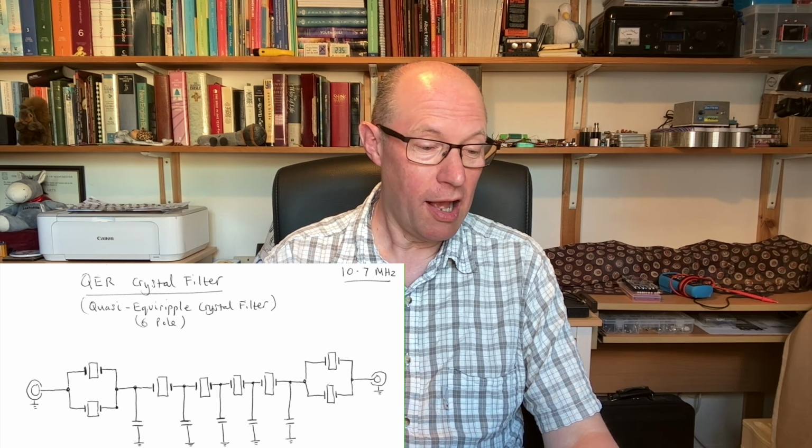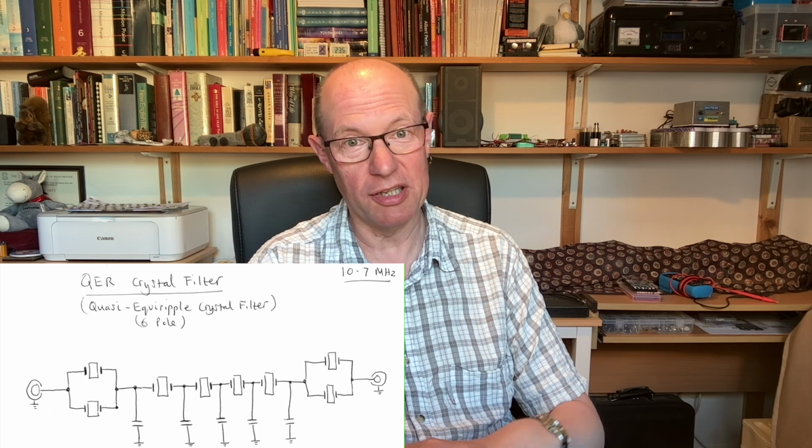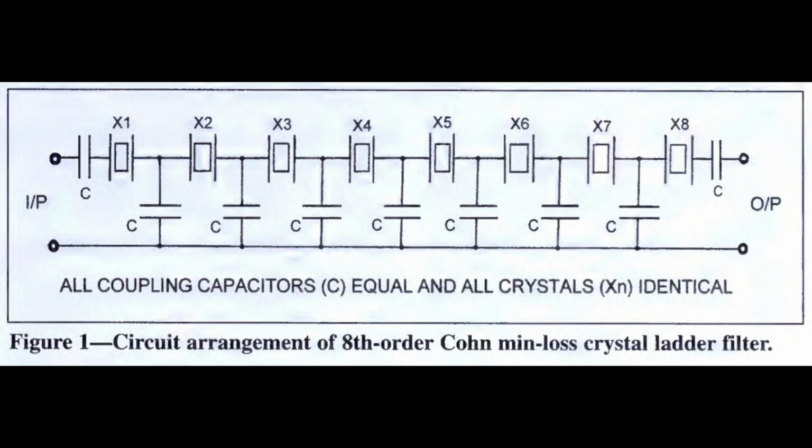Now, if you compare this to the minimum loss Cohn filter, the standard one, it's very similar. The only difference is on the ends, on the input and the output stages, because on a standard minimum loss Cohn filter, you would have a series capacitor, and then you'd have the different stages then, the series crystal and the parallel capacitor, series crystal, parallel capacitor, etc., depending on how many stages, how many poles you've got in your filter.